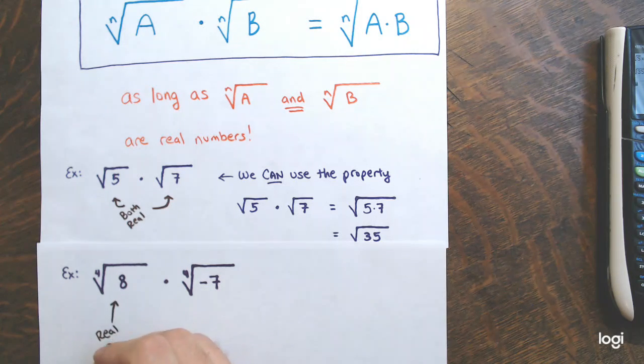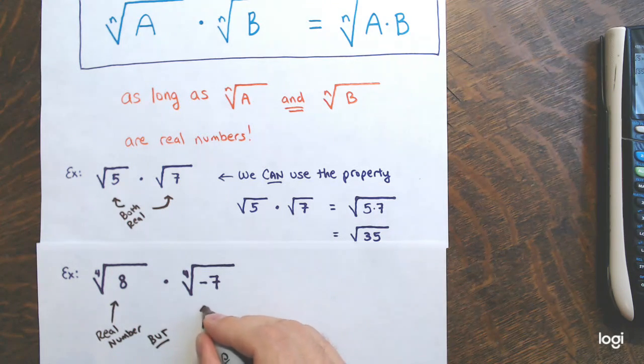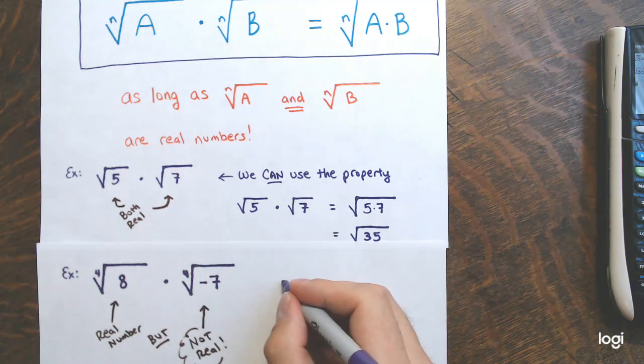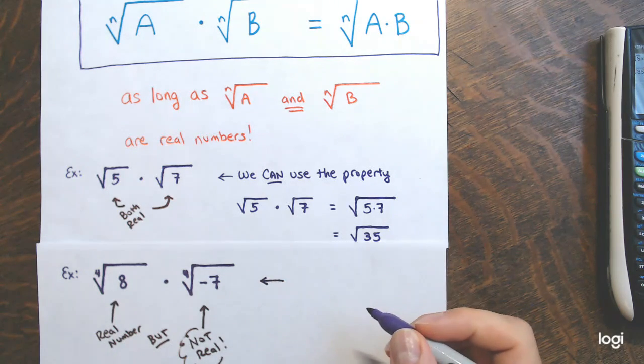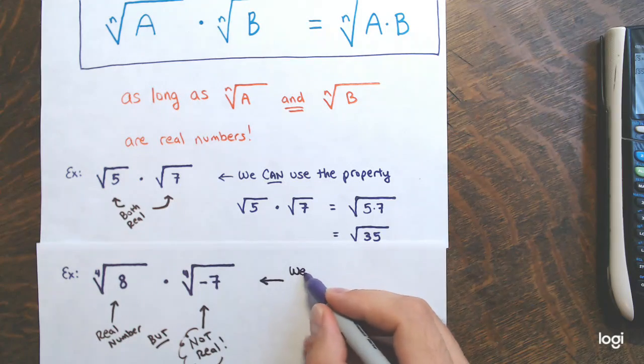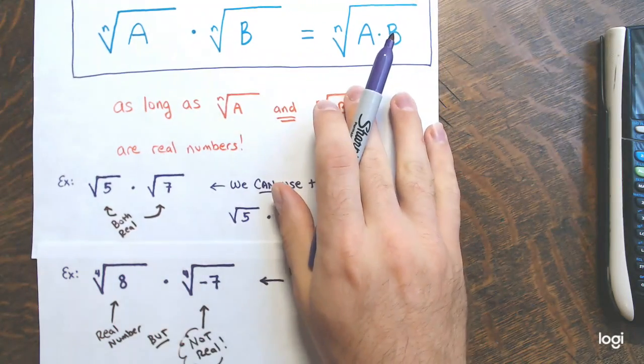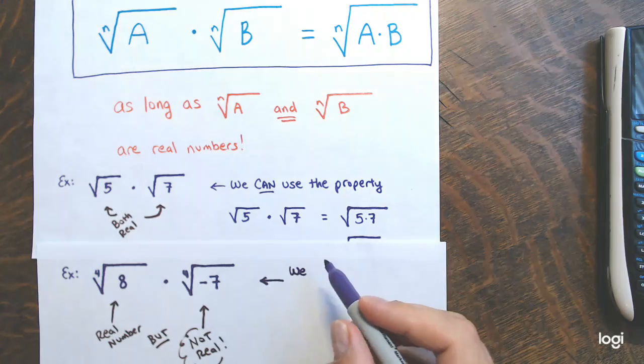But this number here, the fourth root, an even root, of a negative radicand, is not a real number. And that's important, because for this particular example, we cannot use the product property in the box up here.